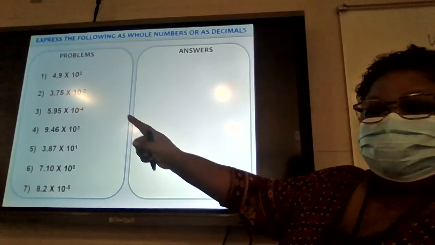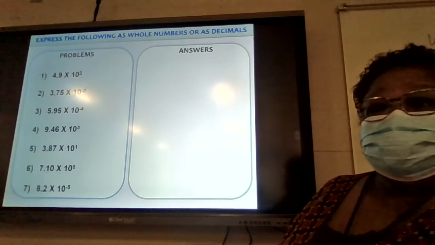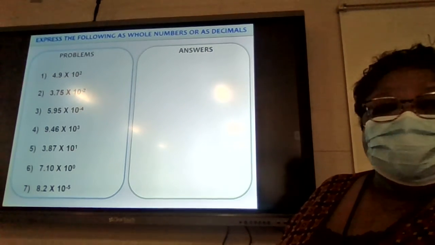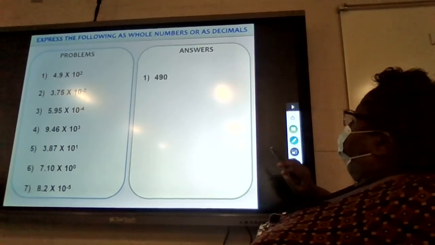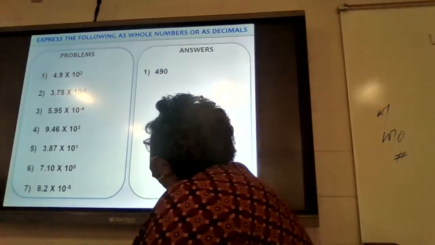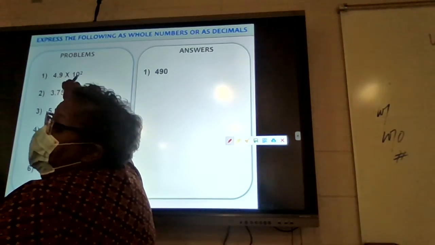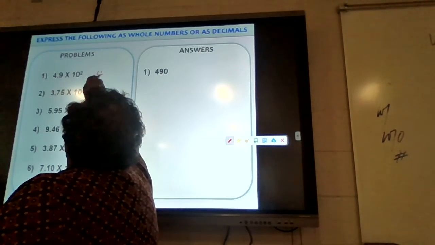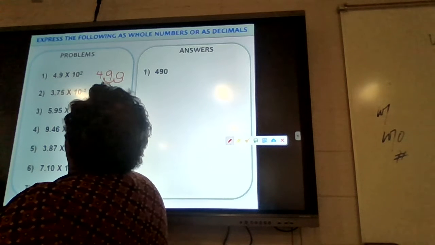If I moved it to the left at first, because it's positive, basically 10 squared is 100. So I'm multiplying by 100, so I'm moving 2 to the right. If this is positive, that means originally I moved it to the left. So I'm going to take my 4.9 and I'm going to move it 1, 2 to the right.